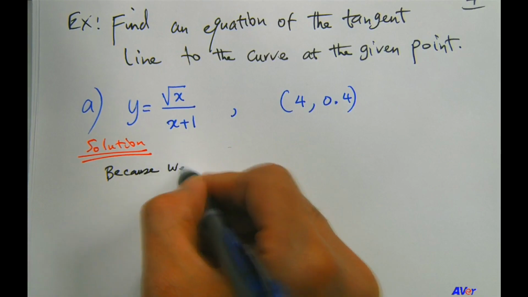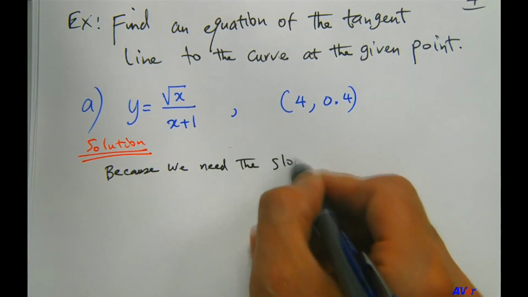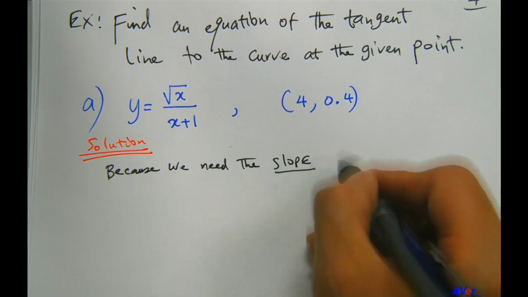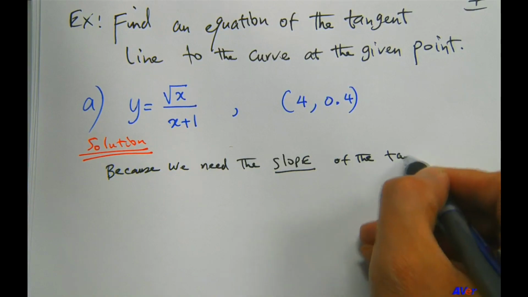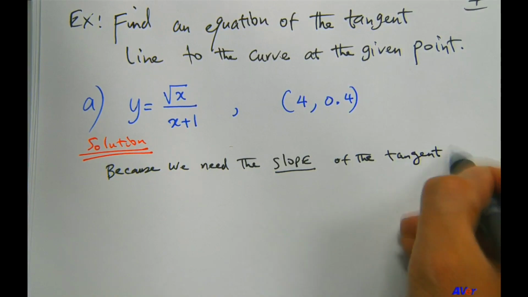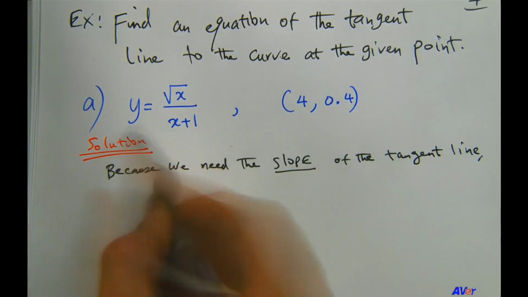So because we need the slope of the tangent line, we'll need to find the derivative of y.